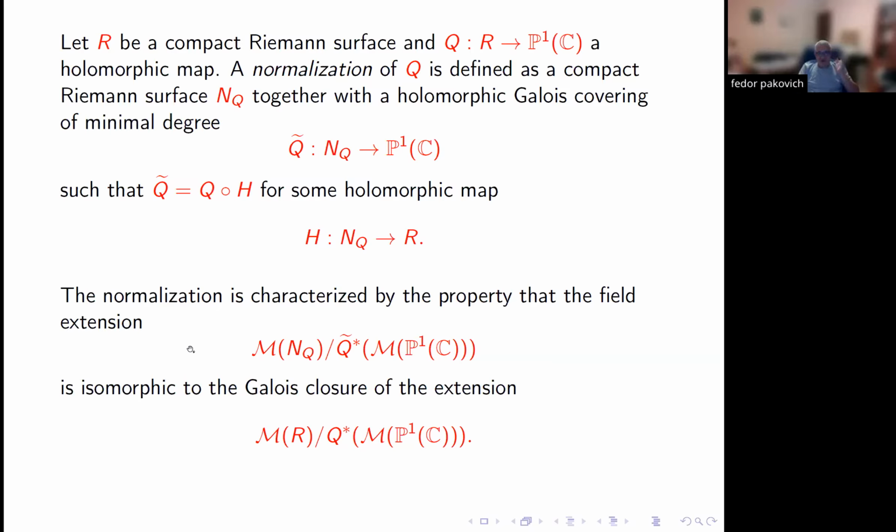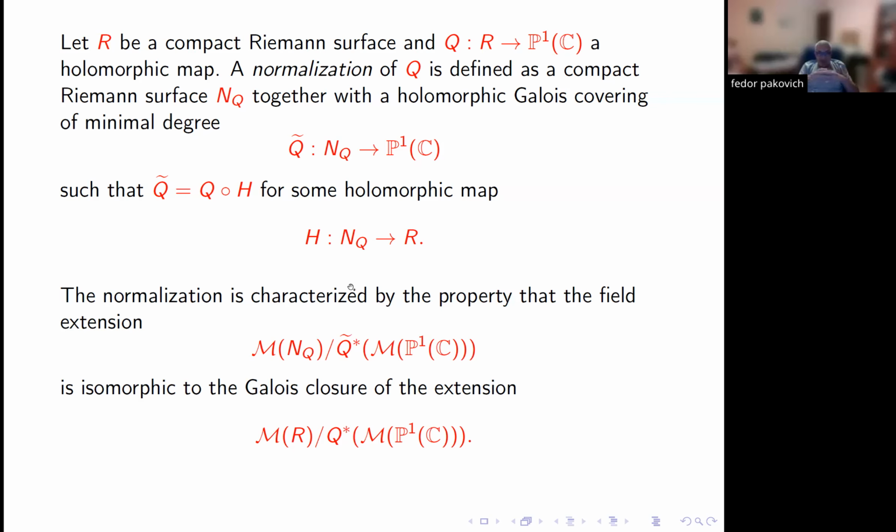To understand this normalization, you should think about field extension. You start from Q, you consider this field extension, and then you consider its Galois closure. So from the algebraic perspective, it's exactly this, and from the point of view of functions, you obtain this.